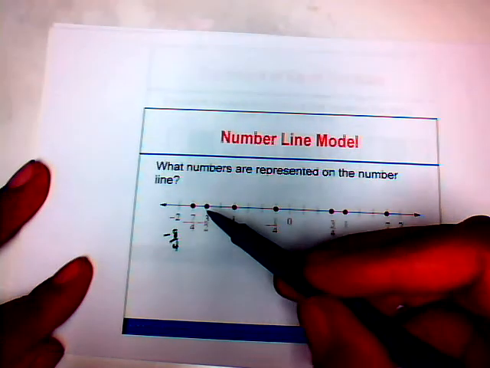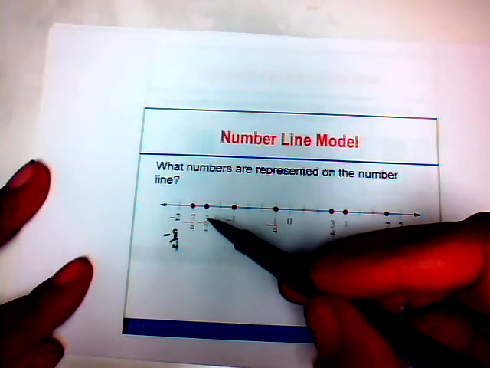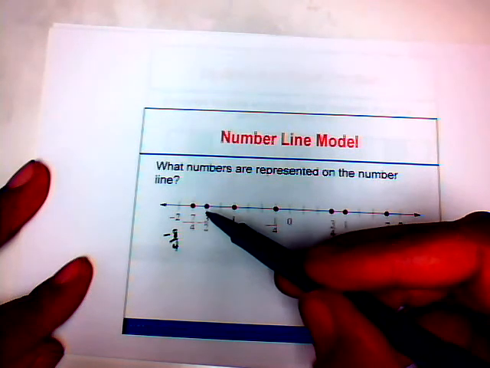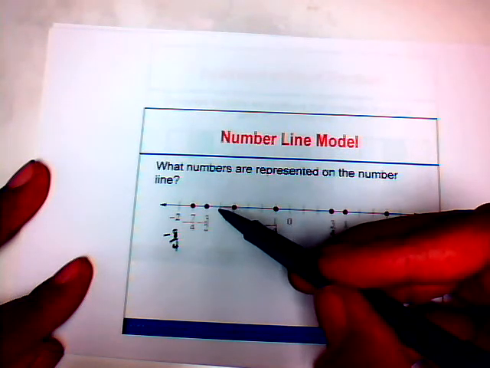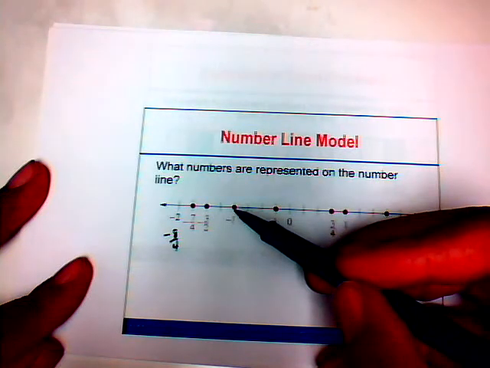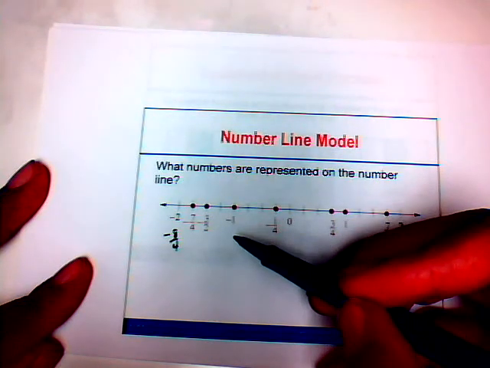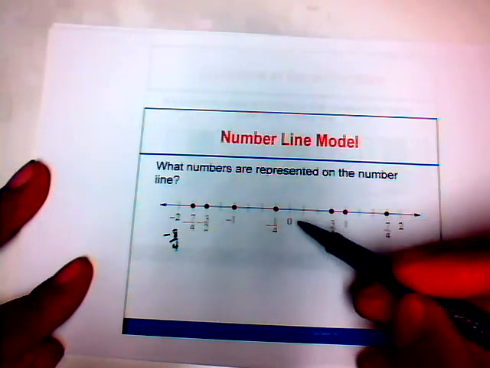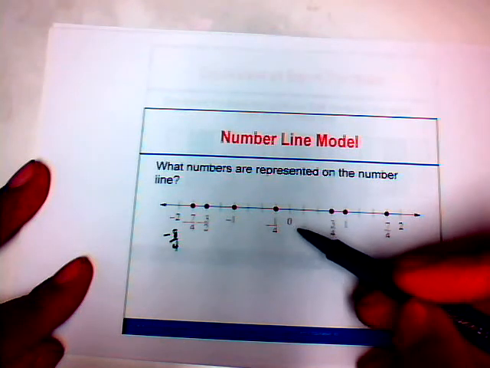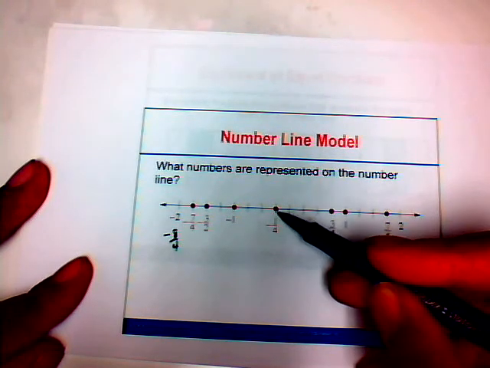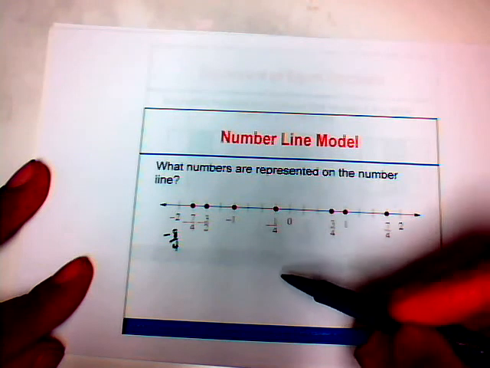And the one before it is -6/4 or -3/2. Then we have -5/4 here, and then this dot will have to represent -1. If this is 0 here in the center, then this dot right here to the left of that is -1/4.